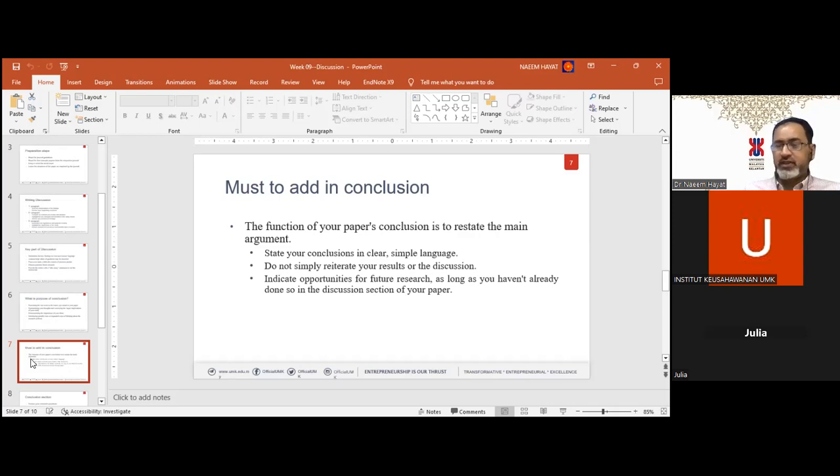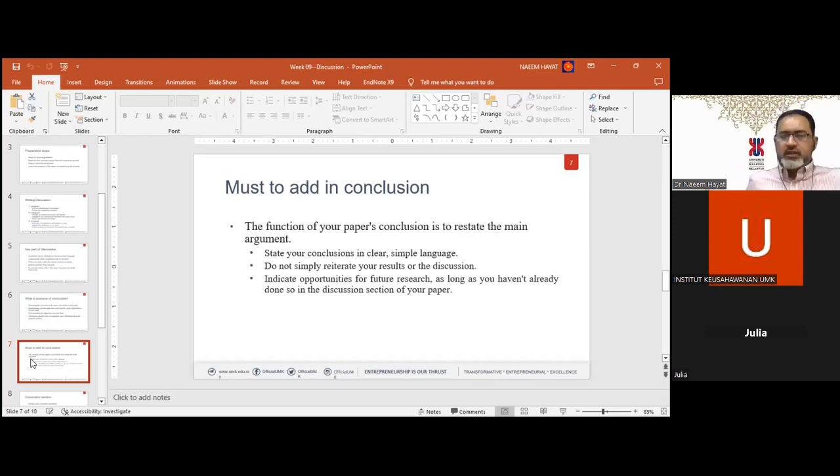It is not discussion, it is conclusion. So we must keep a difference. In discussion, we thoroughly, in detail, discuss the finding. Here, we don't need to write our finding again, but in a broader manner, with larger implication. Indicate the opportunity for future research, as it must not be included in the discussion.